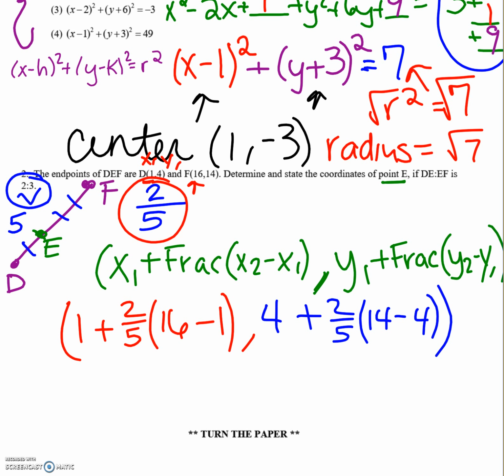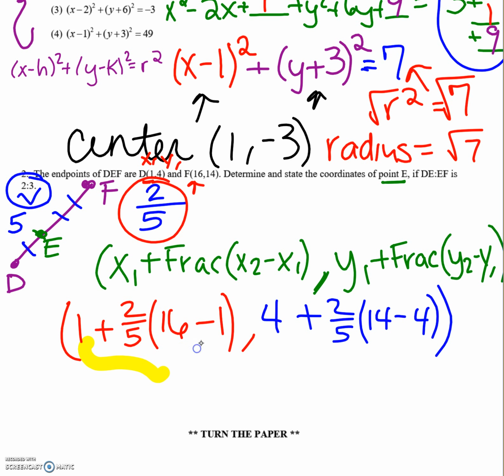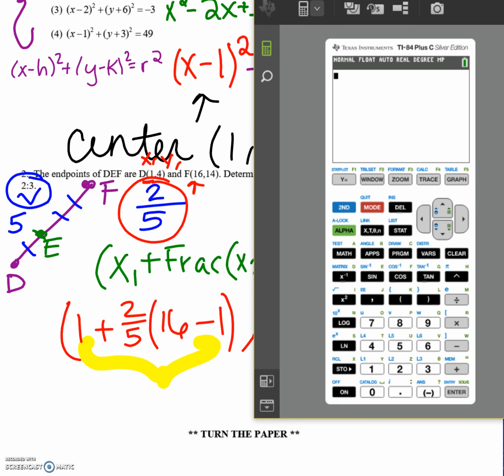From here, I'm going to only type in everything on the left into my calculator exactly how I see it. So 1 plus alpha y equals, to get my fraction, 2 over 5 times 16 minus 1. Hit enter, and I get 7.